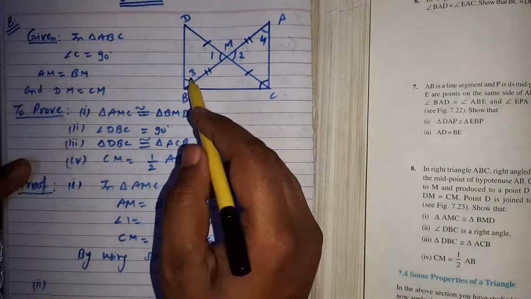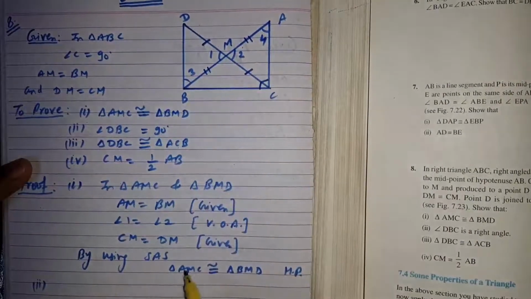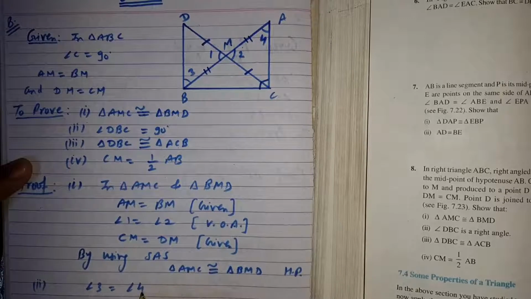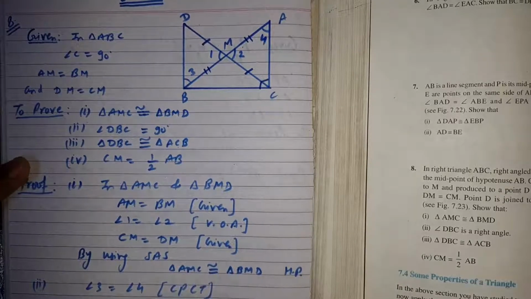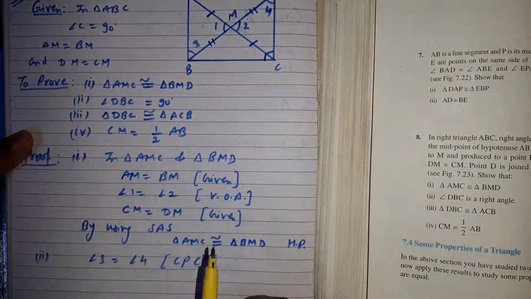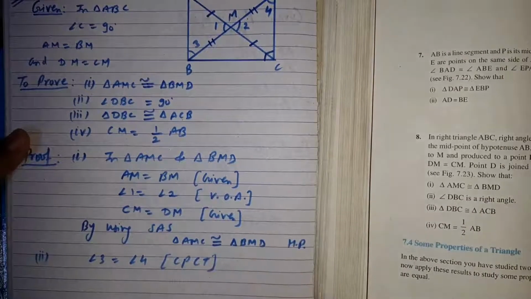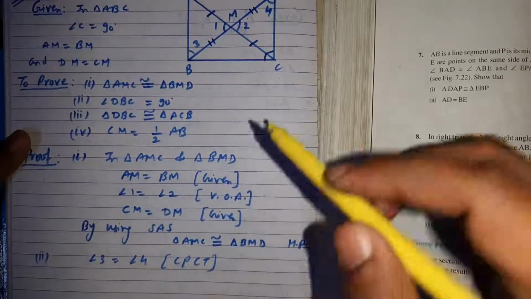So angle 3 is equal to angle 4 by using CPCT, because we have already proved two triangles congruent. Okay, so angle 3 is equal to angle 4.